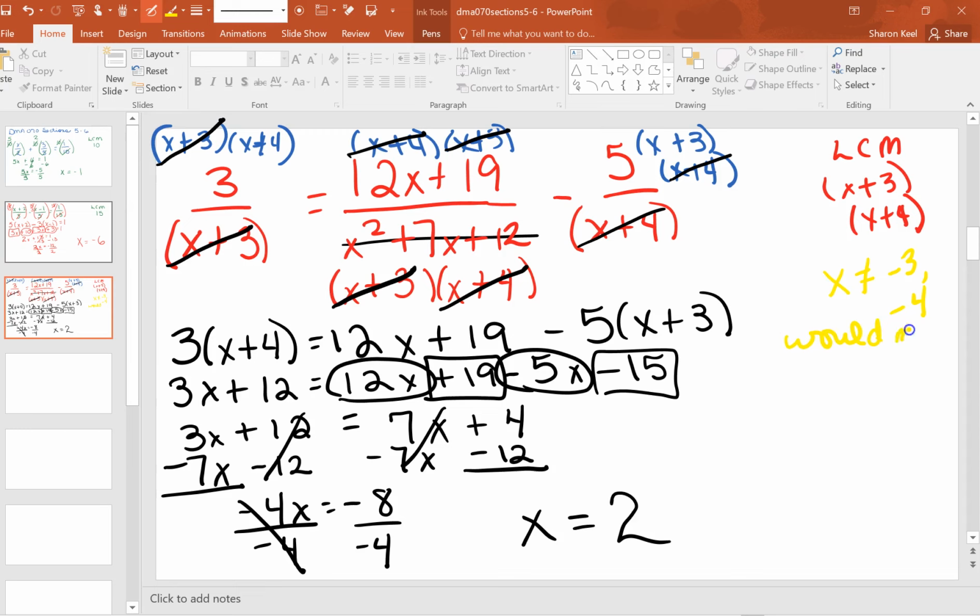Those would make it undefined. So what you always want to do is to take your answer and check and be sure it does not meet the criteria that makes the rational expression undefined. If it did, if it were one of those numbers, I would give an answer of no solution.